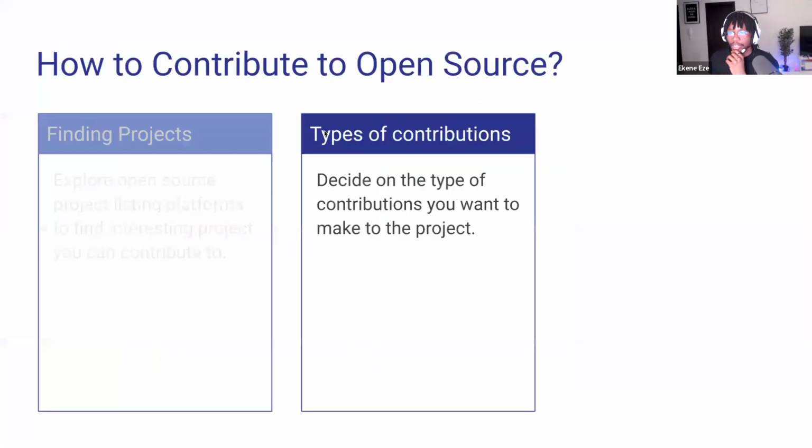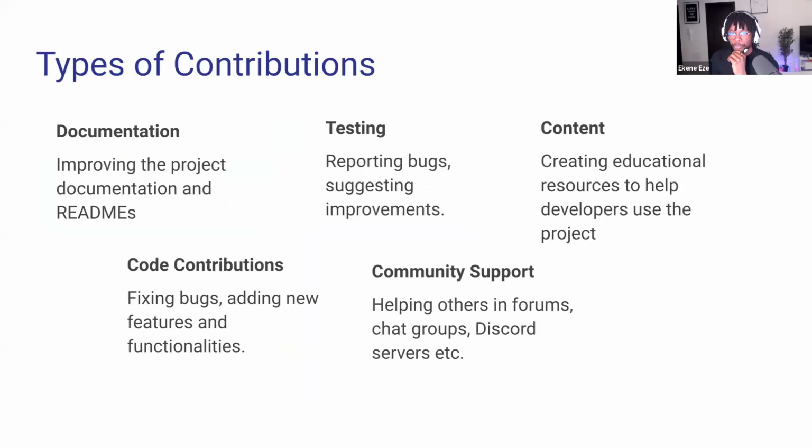And then how do you contribute when you've found it? You have to decide on the type of contribution, and we will dive a bit deeper into it. The first thing to know is that there are different types of contributions, right? There's documentation, where you would improve the project READMEs and the documentation of that tool.